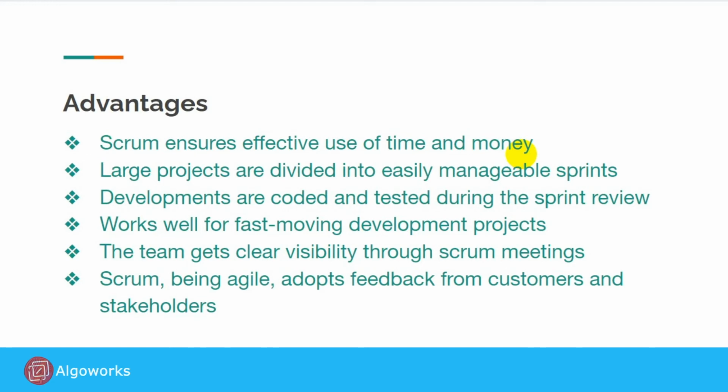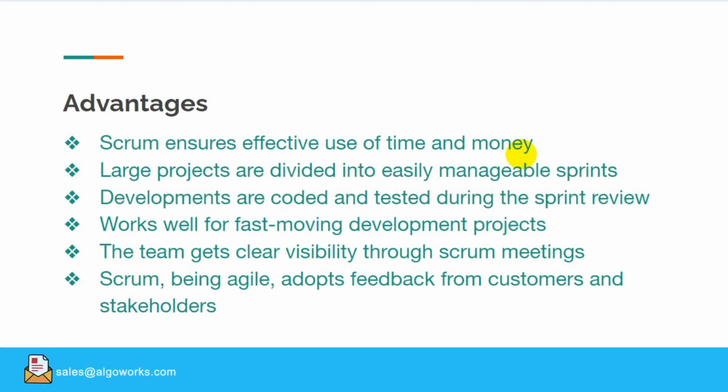And since the large products are divided into small modules, parallel development and manageability also get easier as compared to developing the overall project from start to end in a single go.